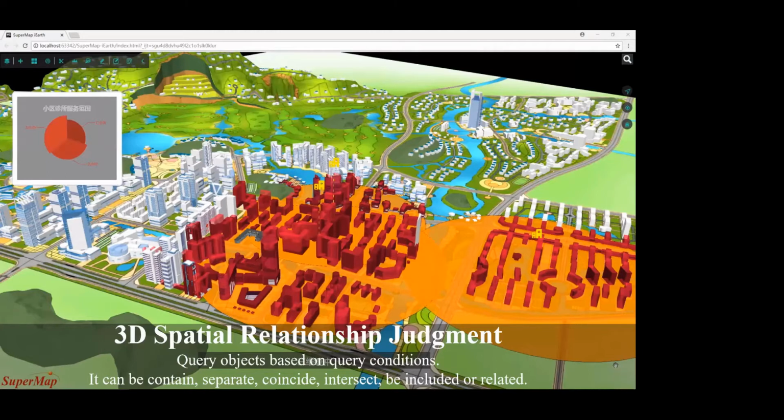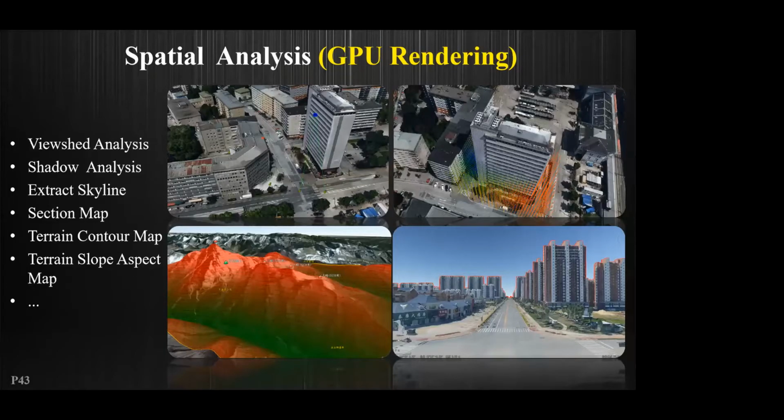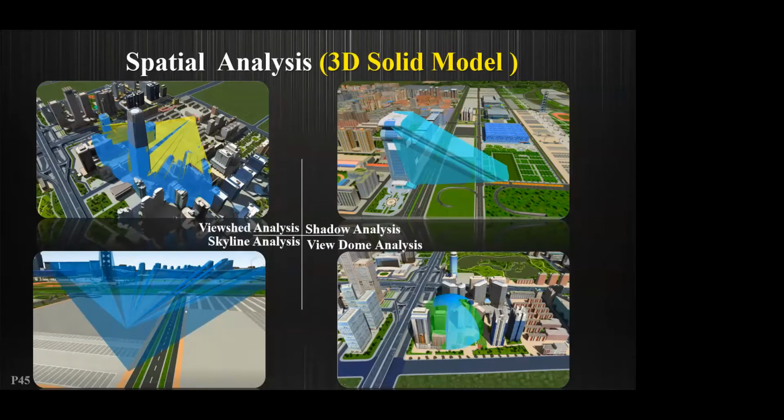And a lot of other spatial analysis based on GPU can be provided, like viewshed analysis, shadow analysis, extract skyline, section map, terrain contour map, terrain slope aspect map. And the results of those analyses can be exported, or they can be saved as a solid model in order to do further analysis.